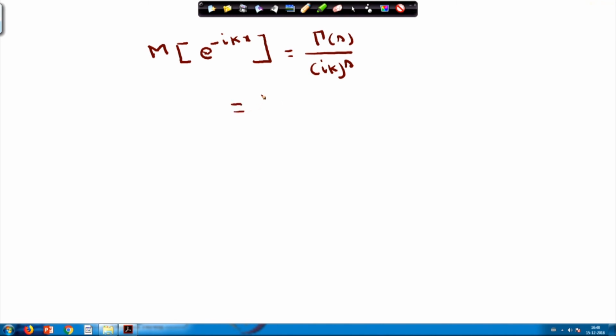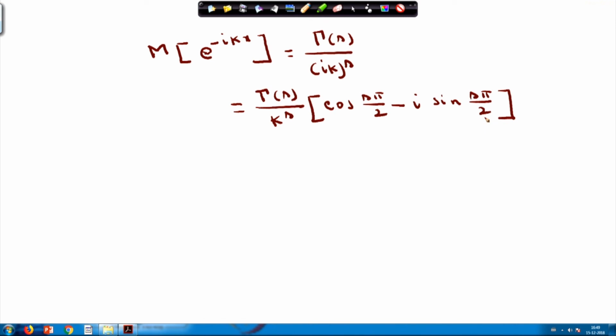This equals gamma s by k to the power s, and i to the power minus s goes over there, which in terms of cos and sin you can write as cos s pi by 2 minus i sin s pi by 2. I can obtain this by taking i to the power minus s over there, and I can write it like this.